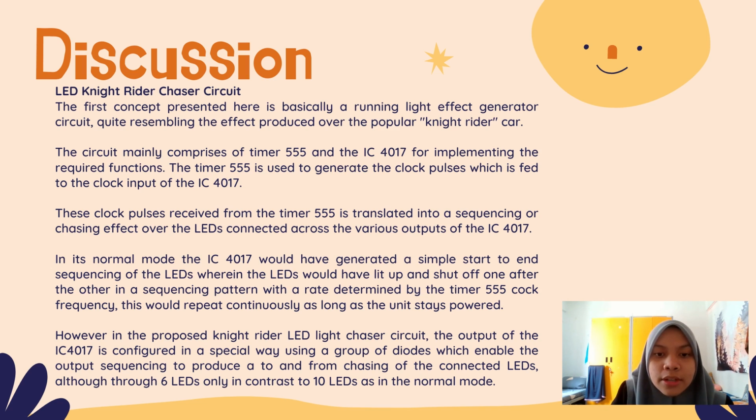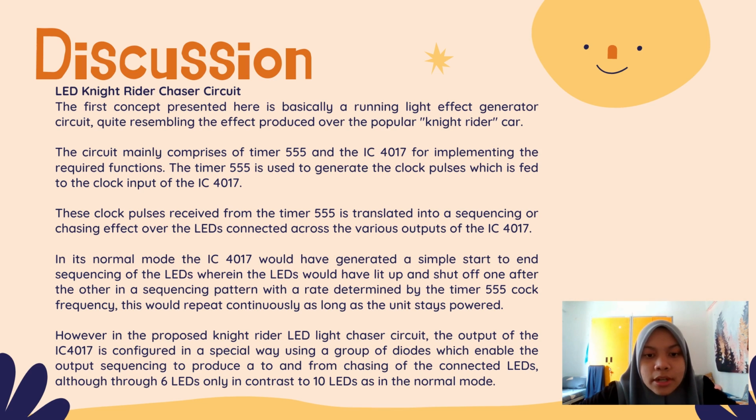In its normal mode, the IC4017 will generate a simple start to end sequencing of the LEDs wherein the LEDs will light up and shut off one after the other in a sequencing pattern with a rate determined by the timer 555 clock frequency. This will repeat continuously as long as the unit stays powered.